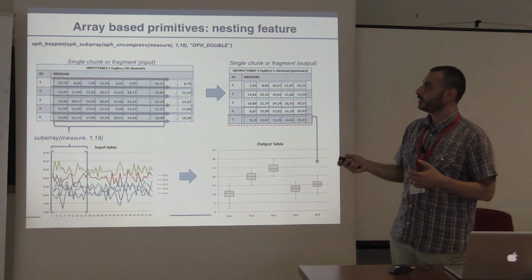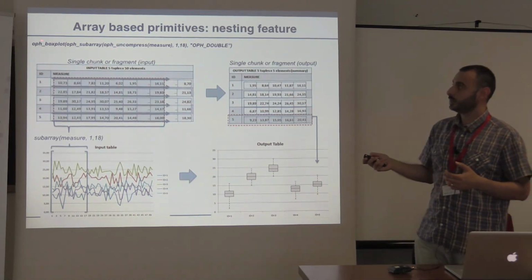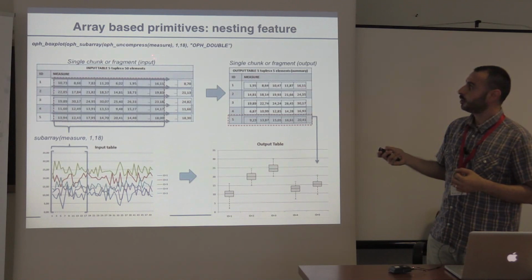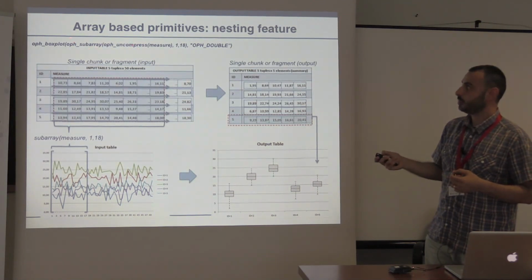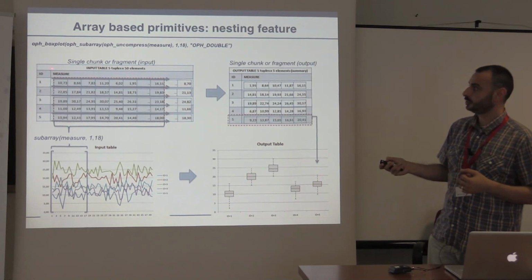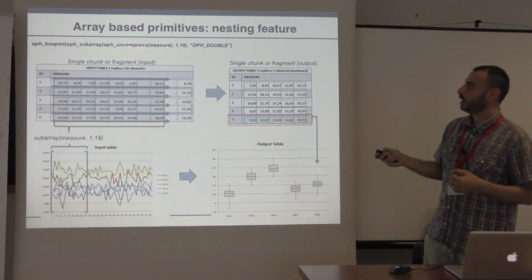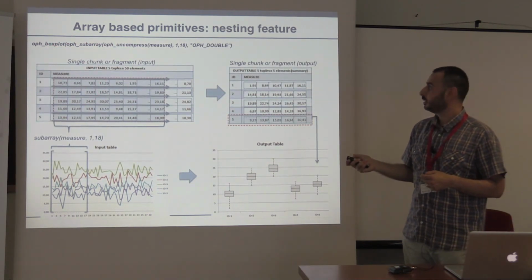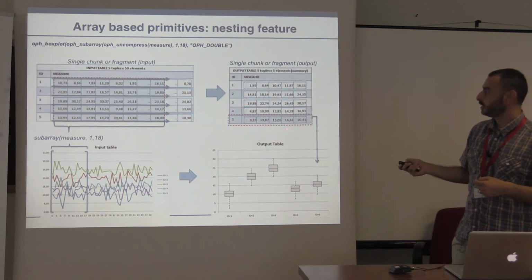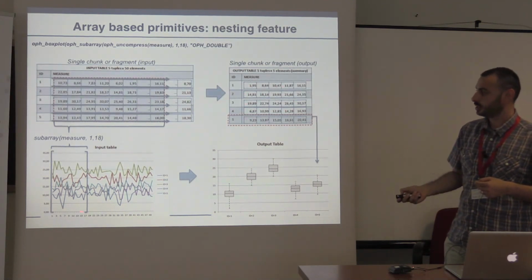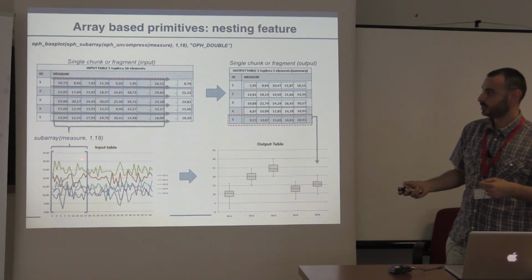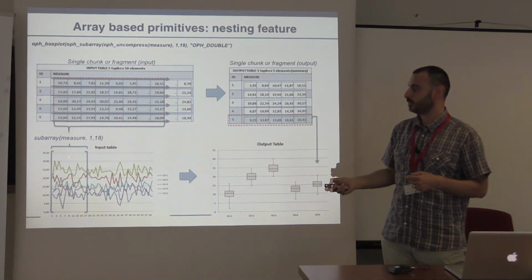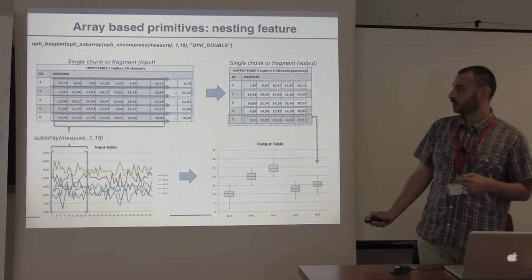So we can use simply a single statement with other functionalities nested together: OPH uncompress to uncompress the data, subarray to select only a portion of the input data, and then on this input data we can apply the box plot feature in order to obtain this output. So this is the input data, this is the subset, and this is the box plot related to the subset we want to analyze.